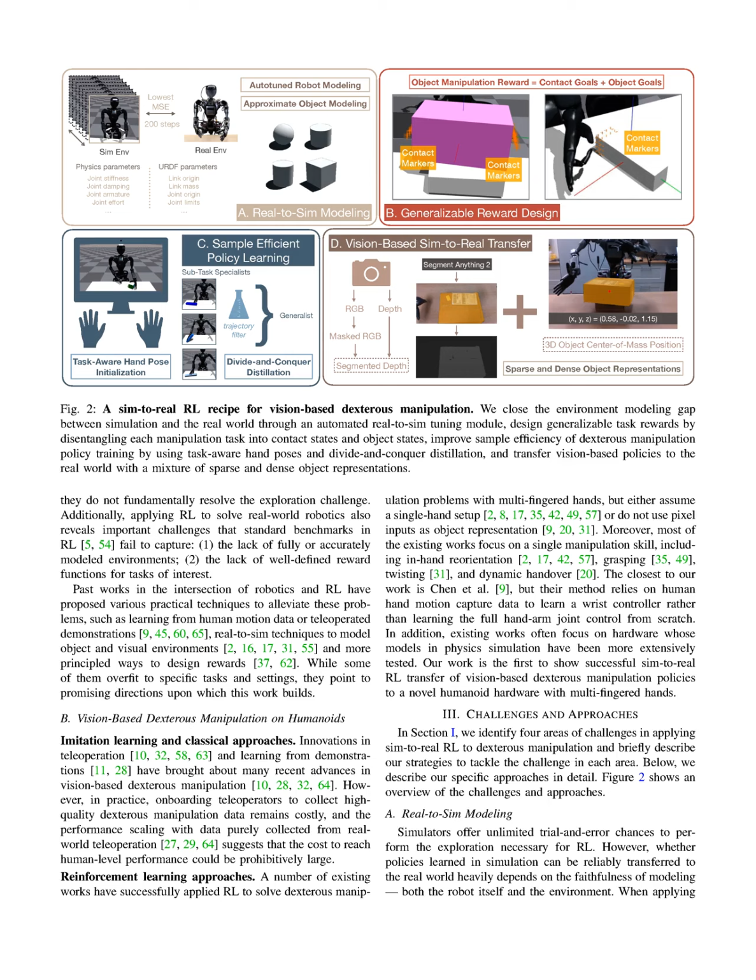For instance, the auto-tune module accelerates the real-to-sim modeling process, achieving optimal parameter calibration in under 4 minutes, which reduces the manual tuning effort compared to existing methods. Our reward design approach, which disentangles tasks into contact and object goals, allows for the successful learning of complex, long-horizon tasks like bimanual handover with pure reinforcement learning, demonstrating improved task performance over traditional hand-engineered reward systems.